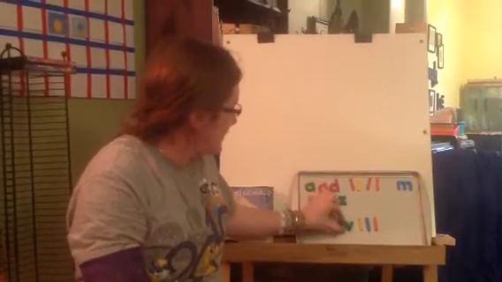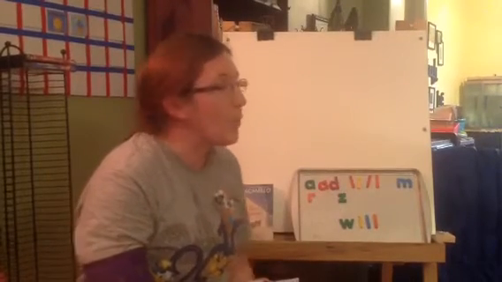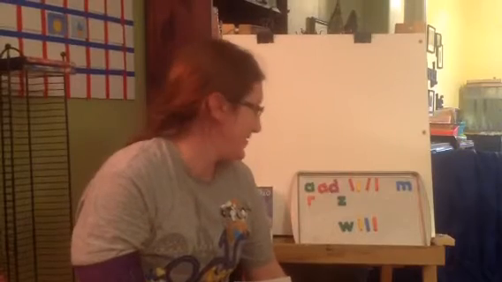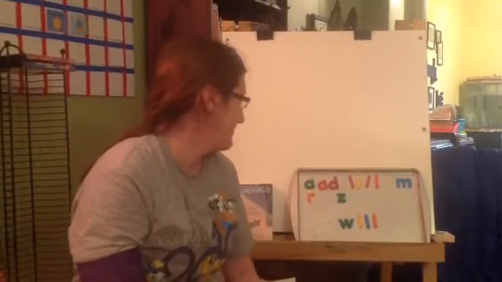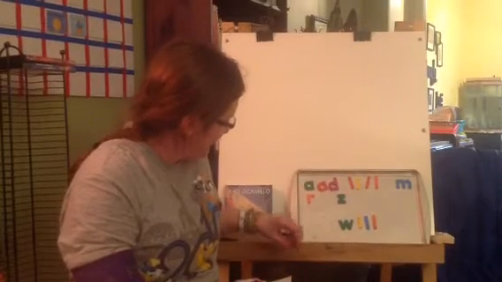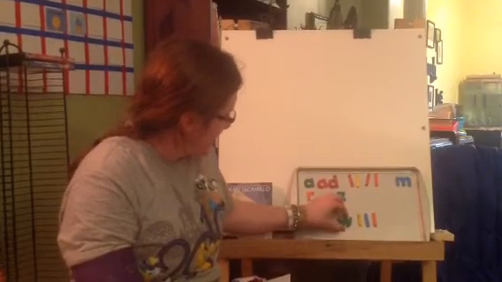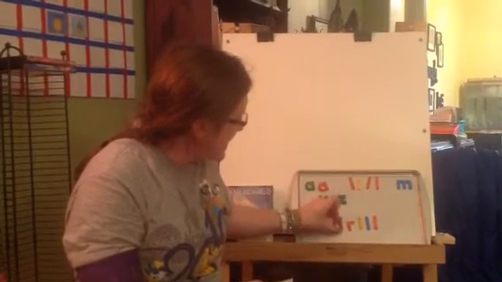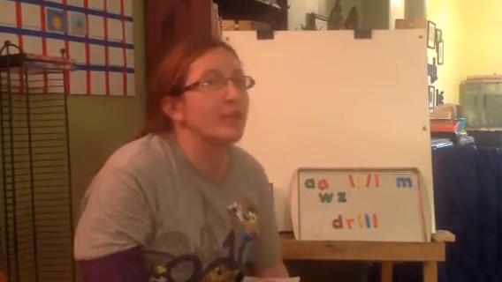Next I'm going to add a W and make the word will. If you don't have will, add it to your list. I'm going to trade my W for an R and a D to make the word drill.